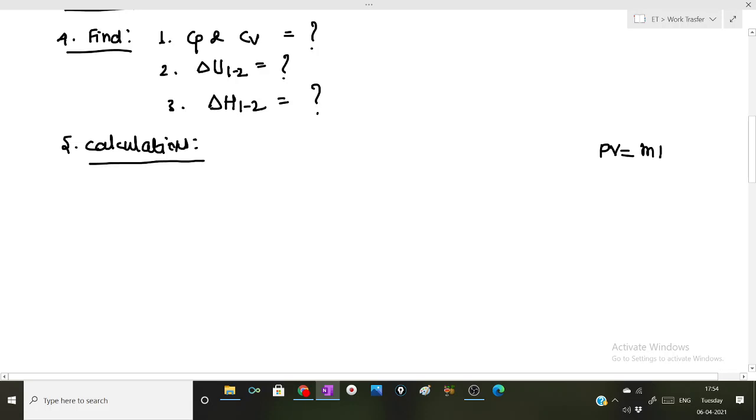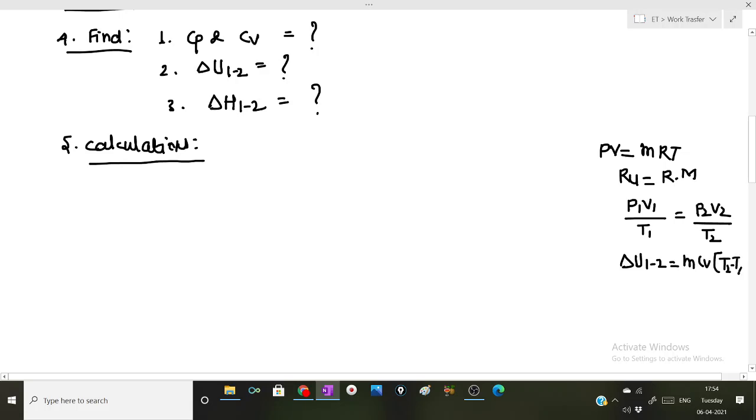PV is equal to mRT, Ru is equal to R into M. General gas equation: P1 V1 by T1 is equal to P2 V2 by T2. Then delta U 1 to 2 is m Cv T2 minus T1, and delta H 1 to 2 is m Cp T2 minus T1.